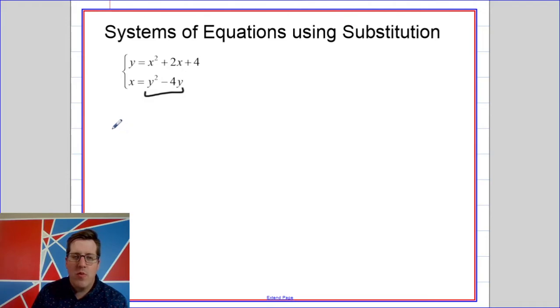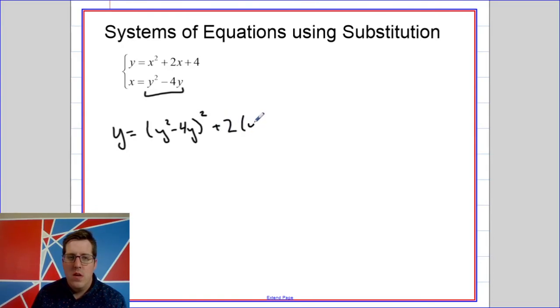So I think what I'm going to do is y equals y squared minus 4y squared plus 2 times y squared minus 4y plus 4. And this is going to take quite some foiling, so I'm going to let movie magic do that.